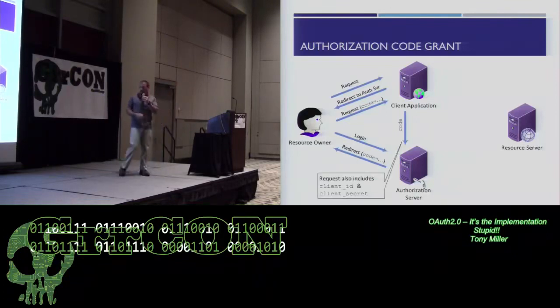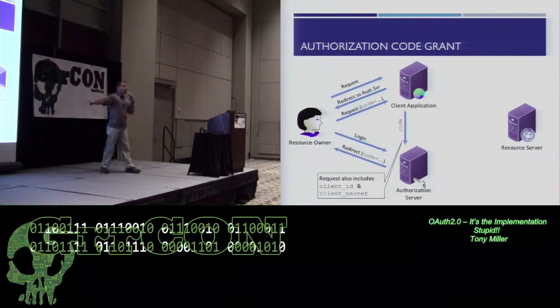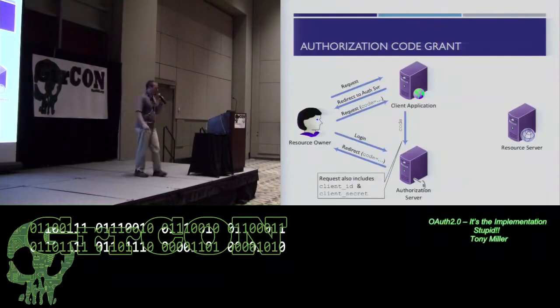The authorization server is going to look at their client ID and client secret, which, to take a quick aside, are not recommended to be sent as parameters in the body of the request. The RFC is very clear about this. So what does the RFC say we should use instead? Basic auth.